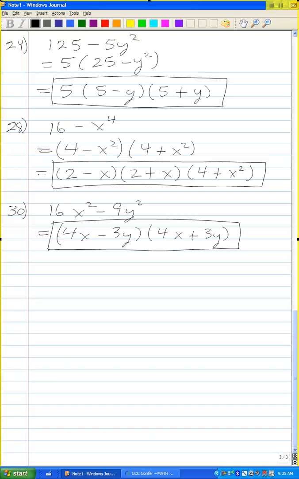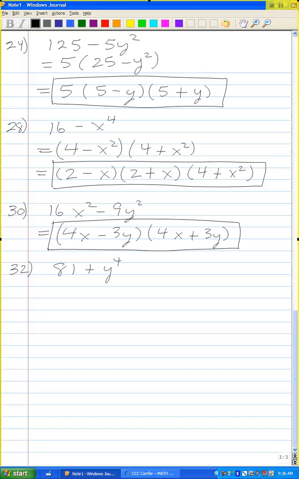Let me do problem number 32. 81 plus y to the fourth.